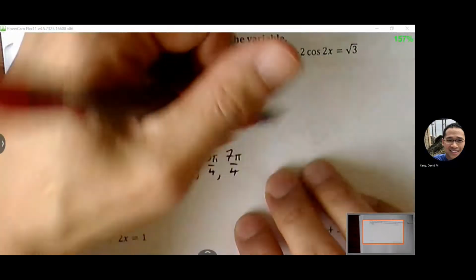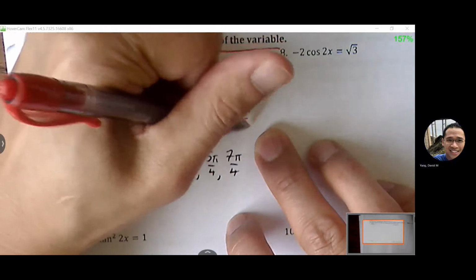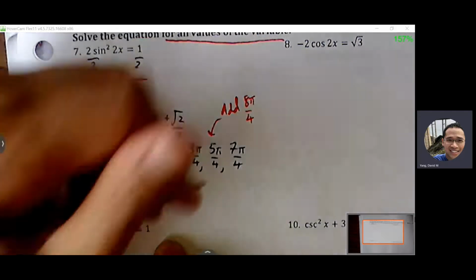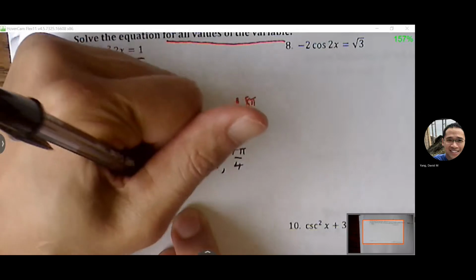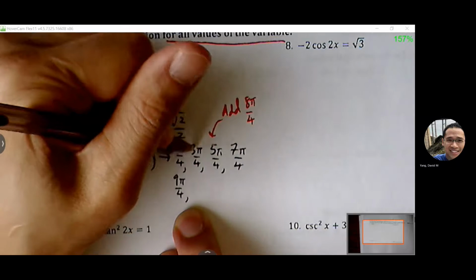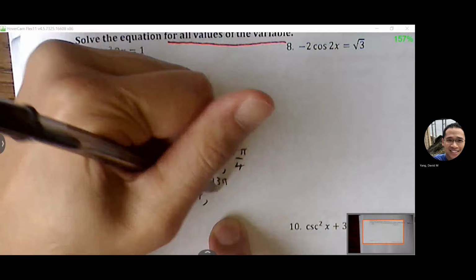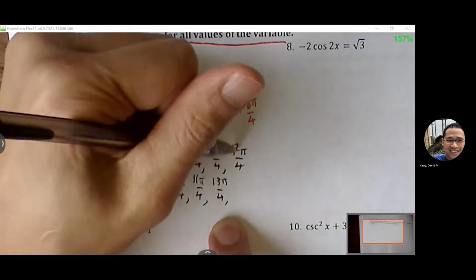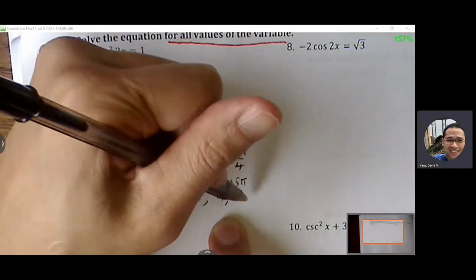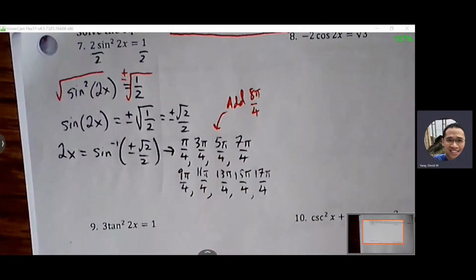So I'm going to add 8 pi over 4 to each of them because it's going to go once around past 2 pi. I'm just doing more than I think I need here.